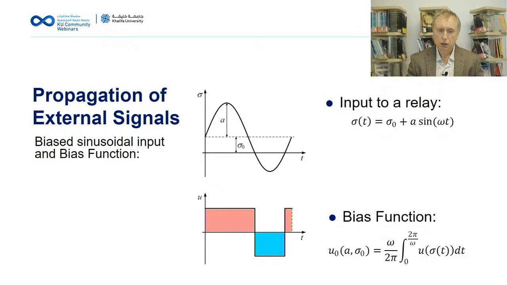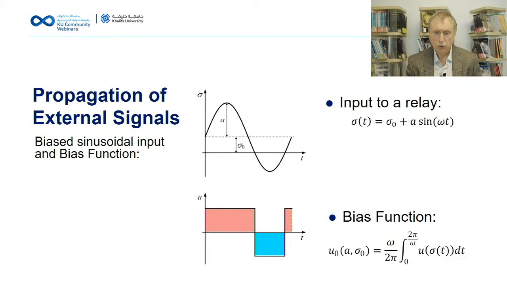And the output of the relay will be given here as those switches of the ideal relay. The switching happens once sigma crosses 0 at this point and at that point. So at those 2 points we have switches of the relay.